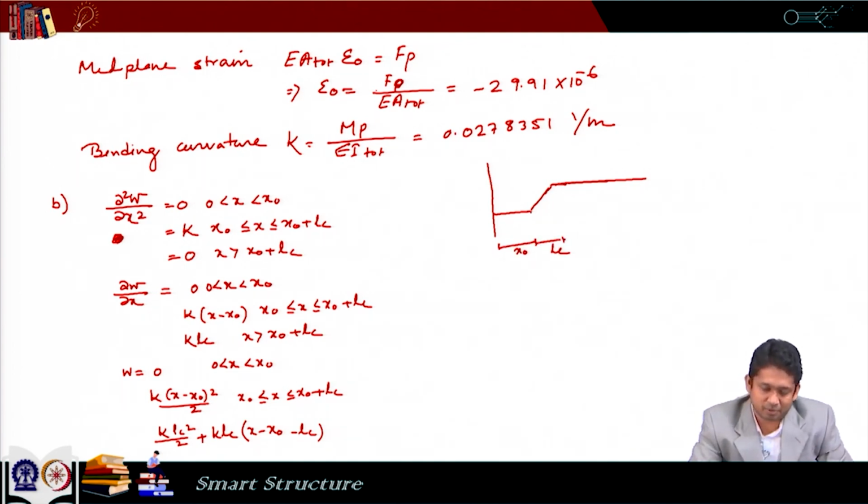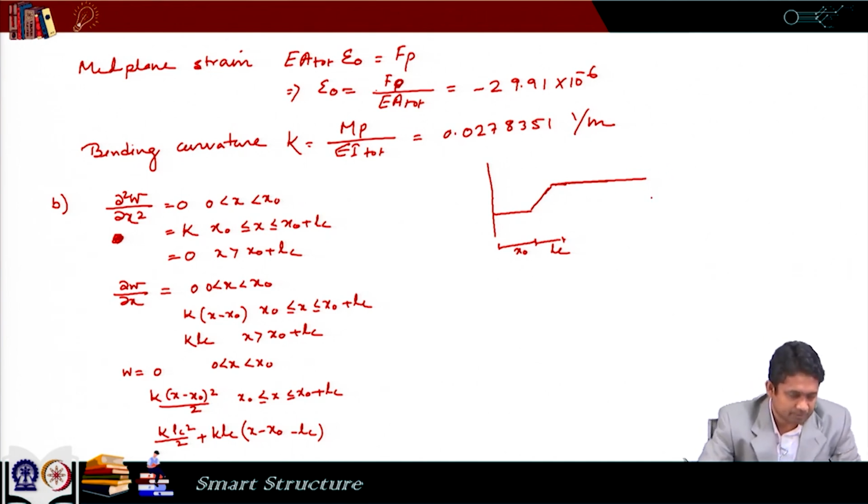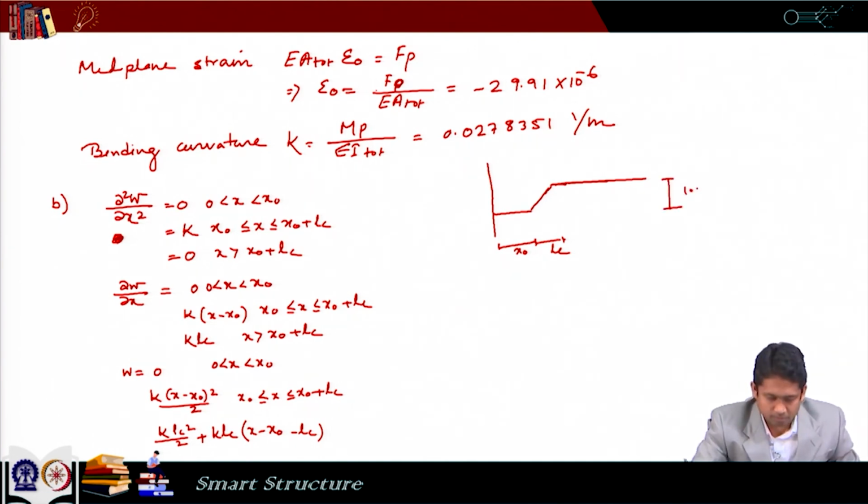So, before the piezo zone starts, the slope is 0. In the zone of the piezo, the slope varies linearly, and after that the slope remains constant, and that slope is 1.406 multiplied by 10 to the power minus 3.